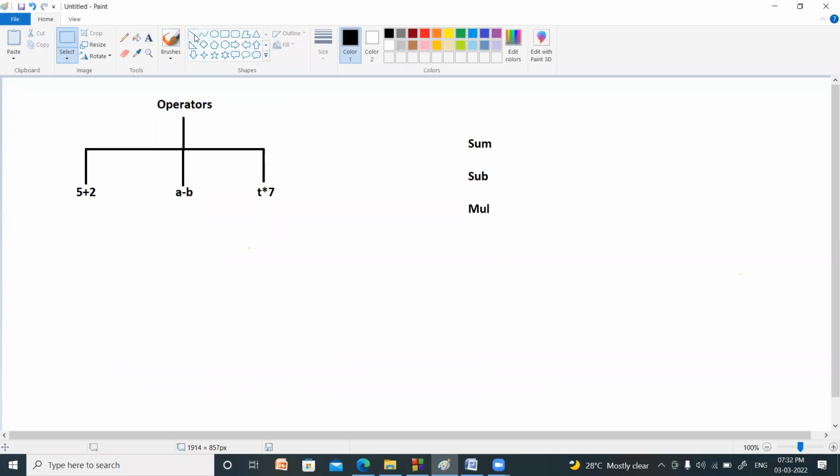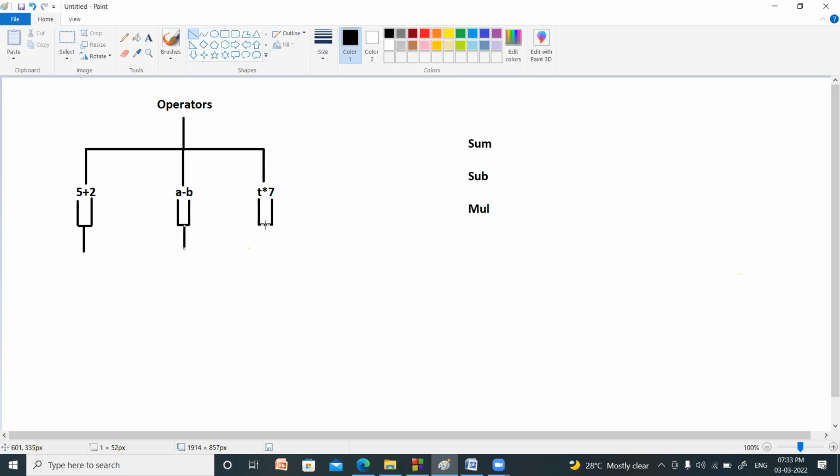Now, the things on which you perform the operation, 5, 2, A, B, T, and 7, are called operands. Operands are the things on which we perform the operations. So this is about operators and operands.